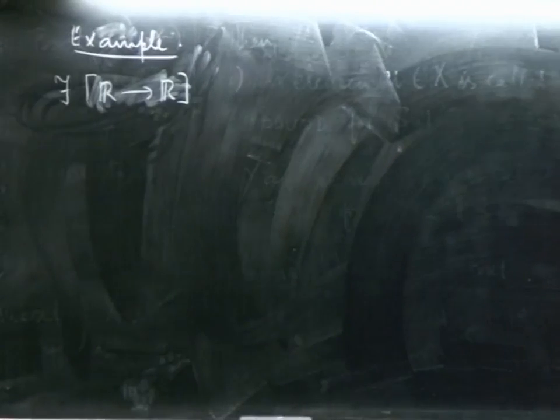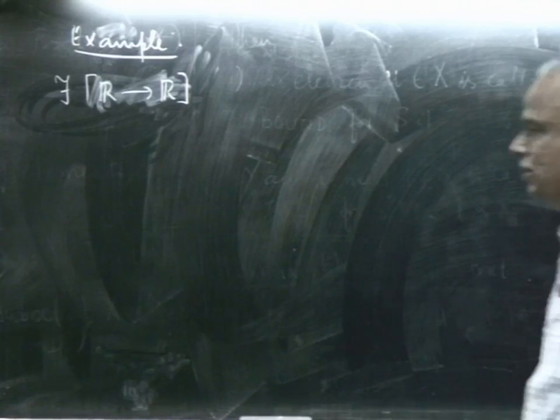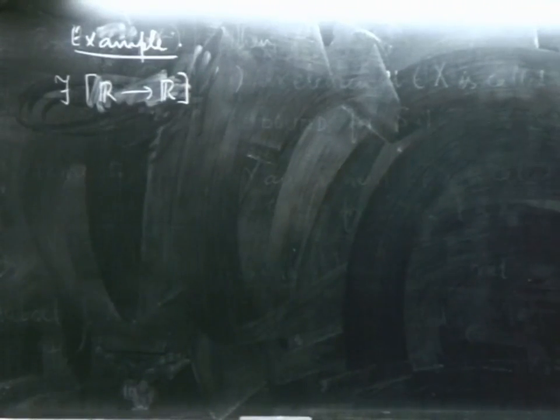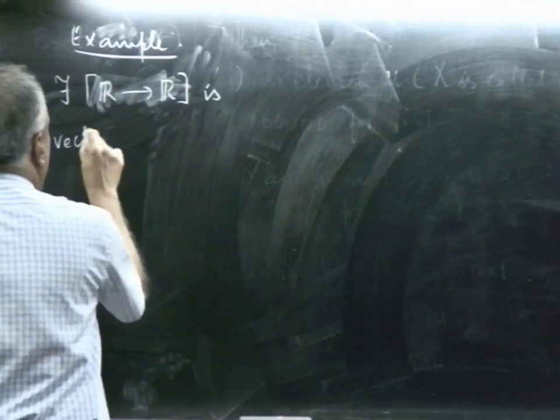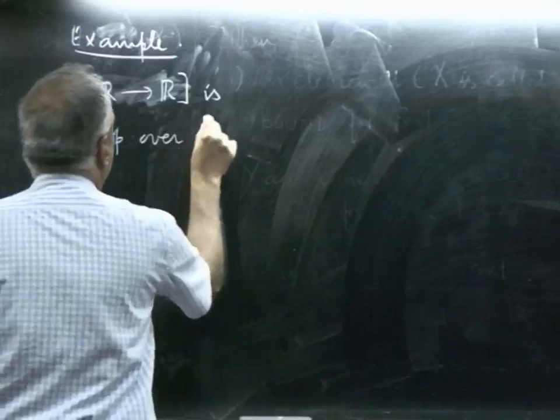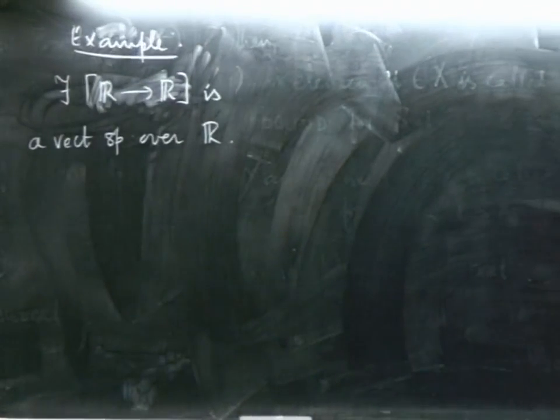Let us take all real valued functions defined for all real numbers. This is a vector space, because the sum of two such functions is a function, a scalar multiple of such a function is a function, and so on. It is a vector space over R. The field now is R. So the collection of all real valued functions over R is a vector space.